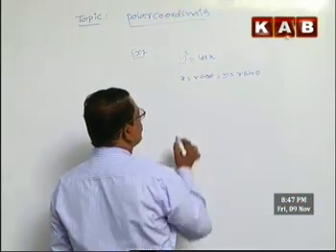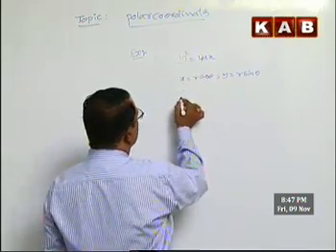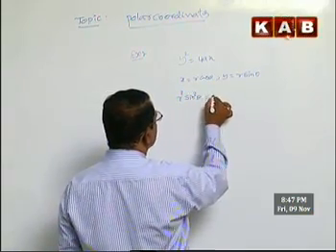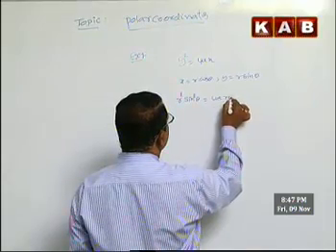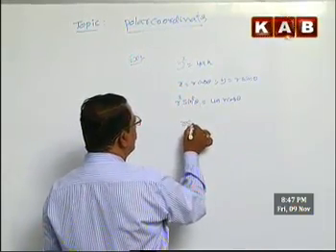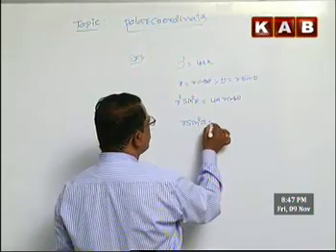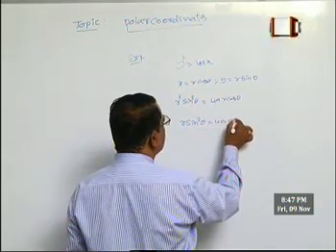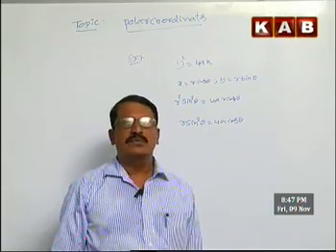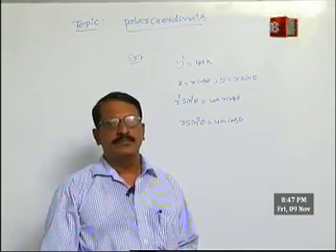Substituting in the equation of the given parabola, r square sin square theta equals 4a into r cos theta. Now r is cancelled from both sides, so r sin square theta equals 4a cos theta. This is the required equation of the parabola in the polar form.